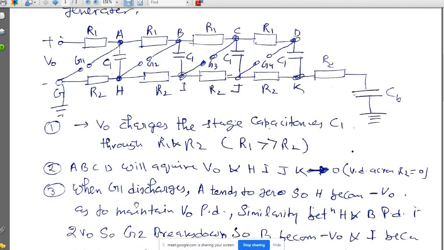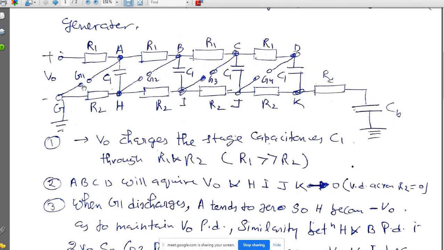Now, whenever G1 discharges, either manually or automatically, the potential V0 appearing across the gap is applied from A to the ground.